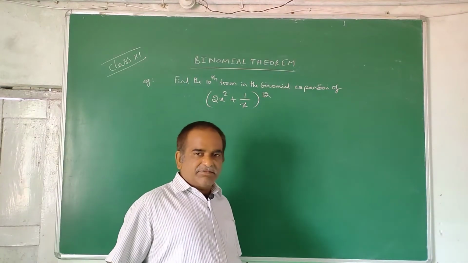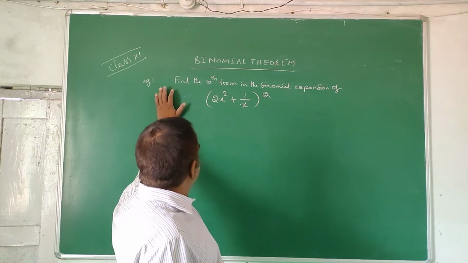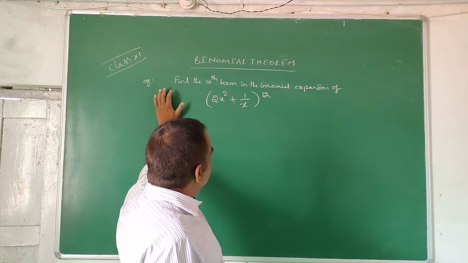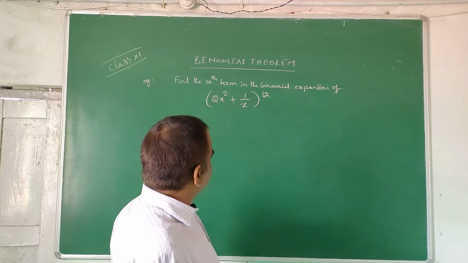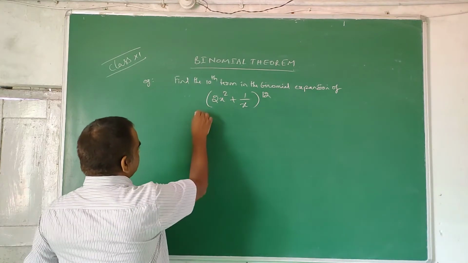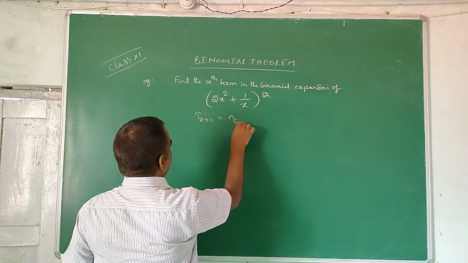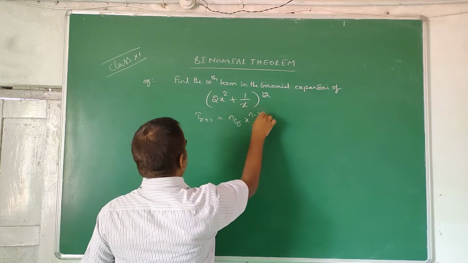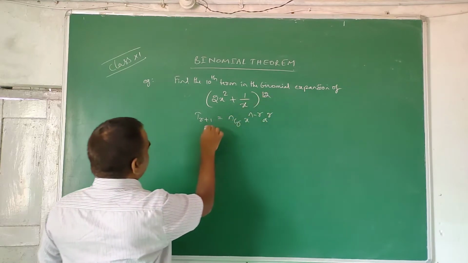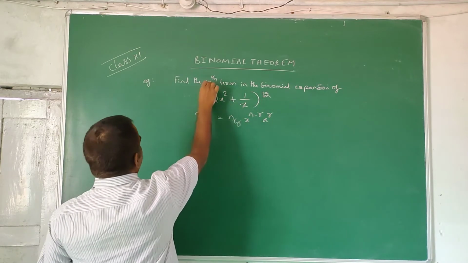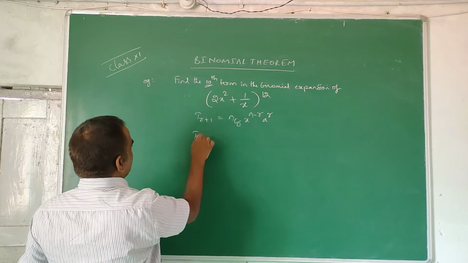Now dear students, we are solving some problems. Find the 10th term in the binomial expansion of this. We have to use the general term T r plus 1 equals nCr x power n minus r, a power r. For the 10th term, the r value is 9.